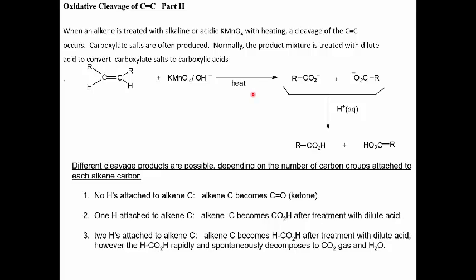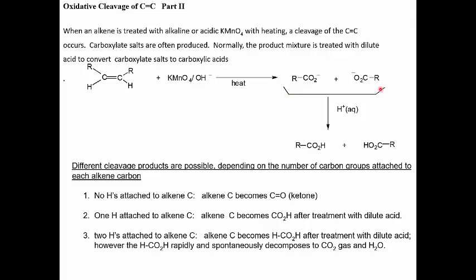When we do that, addition will occur, but the addition will be followed by a dramatic chemical change. Namely, what will happen is the whole CC double bond will undergo cleavage to give two cleavage products.